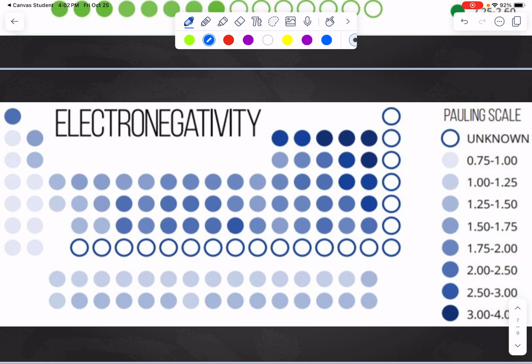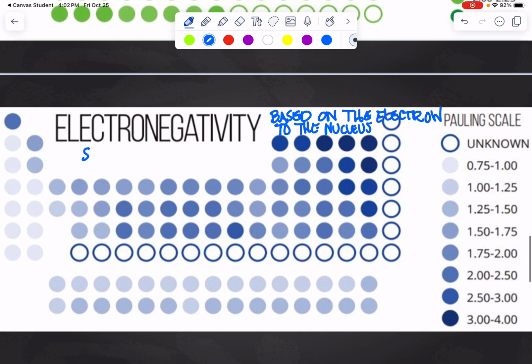Okay, electronegativity. This is something that is actually based on the attraction of electrons with the nucleus. And it's similar to atomic radii, so it's the same reason.